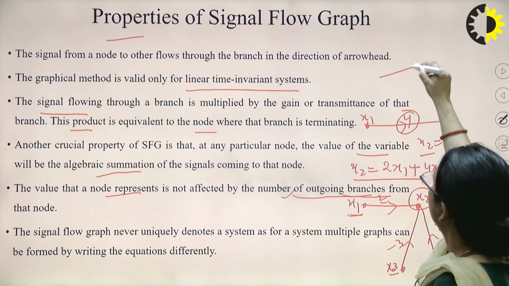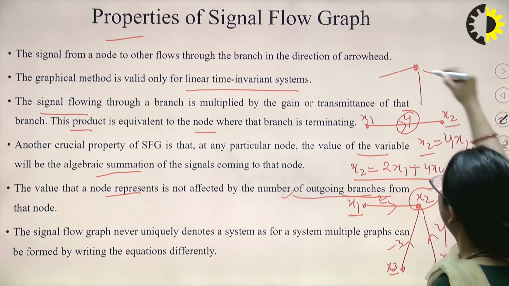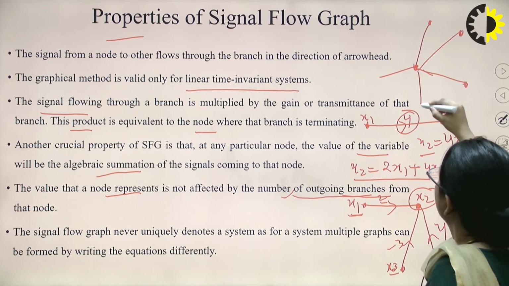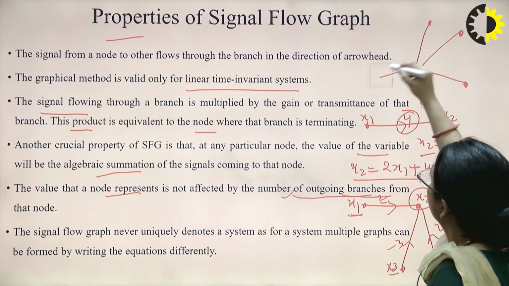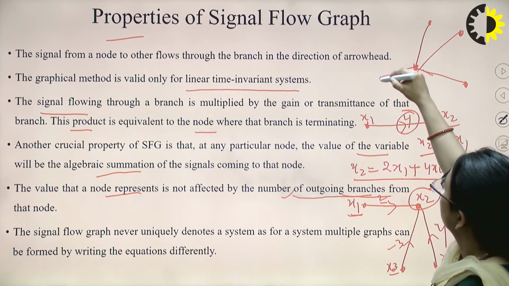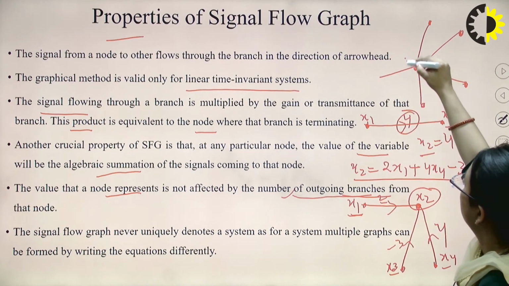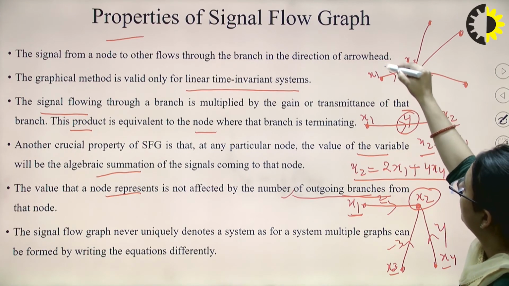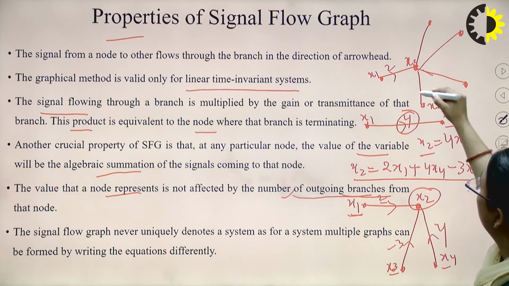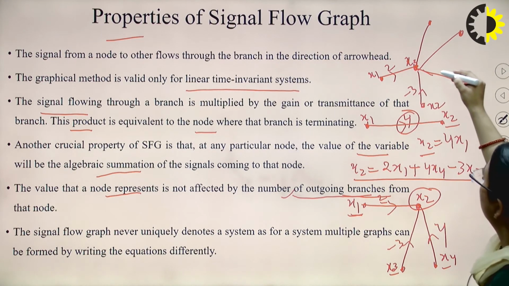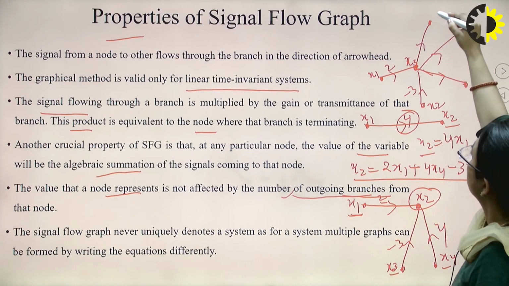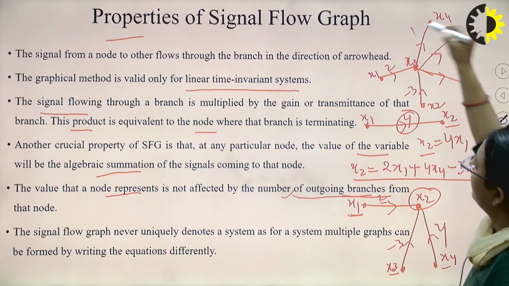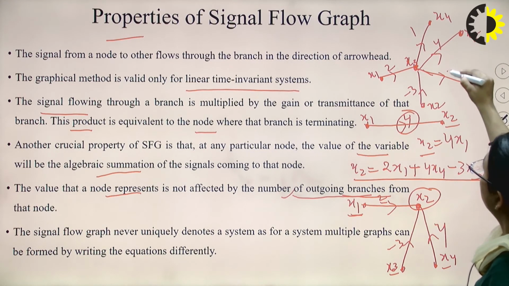See, if we have a node x3 with these five nodes: let's say this is x1, incoming signal with gain 2, and this is x2 with gain -3, and these are outgoing signals from x3: x4, x5 and x6, with gains 1, 4 and 3.